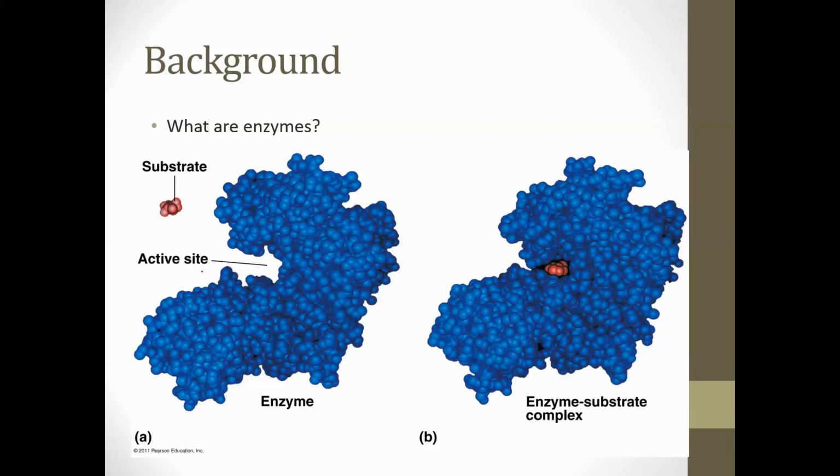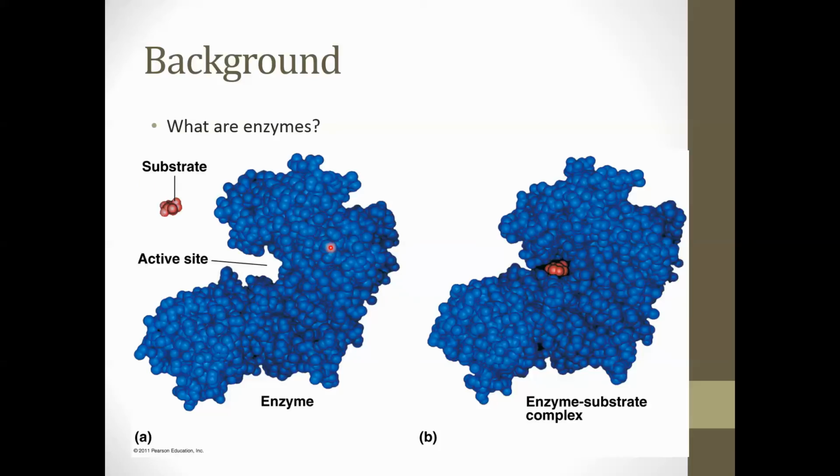And enzymes, for the most part, are composed of proteins that have primary through at least tertiary structure and have a very specific shape. So here is the active site. The active site binds to a substrate. In the case of catalase, the substrate is hydrogen peroxide.